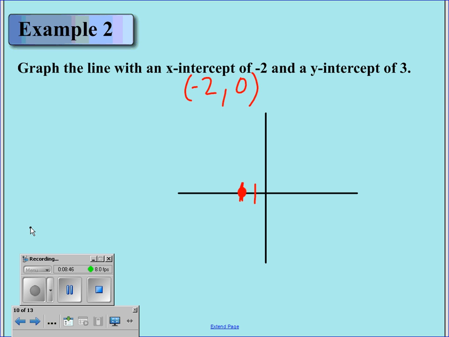Y-intercept is when x equals what? 0. So I have the point (0, 3). I don't go left or right any, because I'm moving 0, and I go up 3. When I connect these two points, that's going to be the equation of my line.